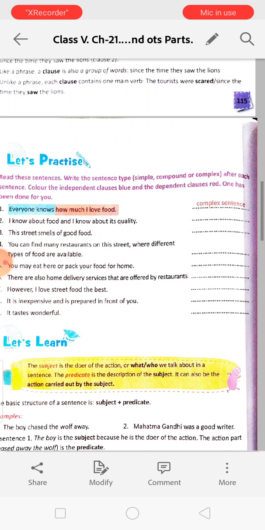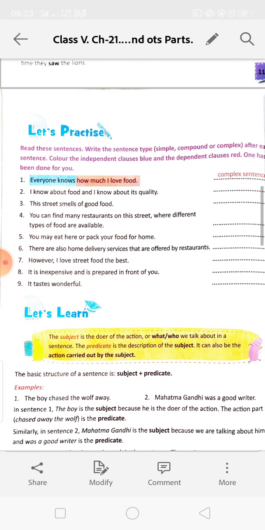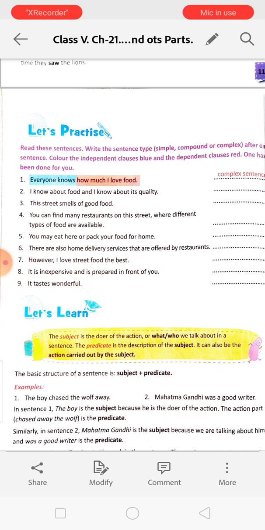Next, read the sentences and write the sentence type, simple, compound or complex, after each. This one you will not do. Simple, compound, complex is also a part of sentence.